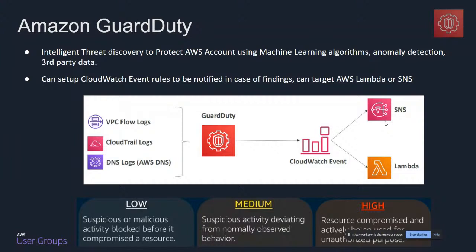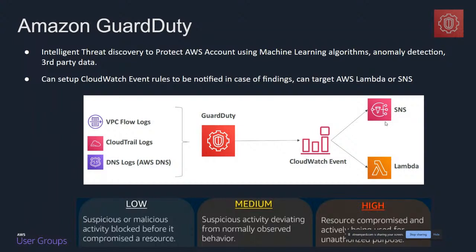So what GuardDuty does is this also continuously monitors our AWS environment, but this one checks for something slightly different from AWS Config, right? It might overlap a little bit, but what GuardDuty does is, with the help of machine learning algorithms, it tries to understand patterns in our logs and detect any malicious actions that are happening within our AWS accounts.